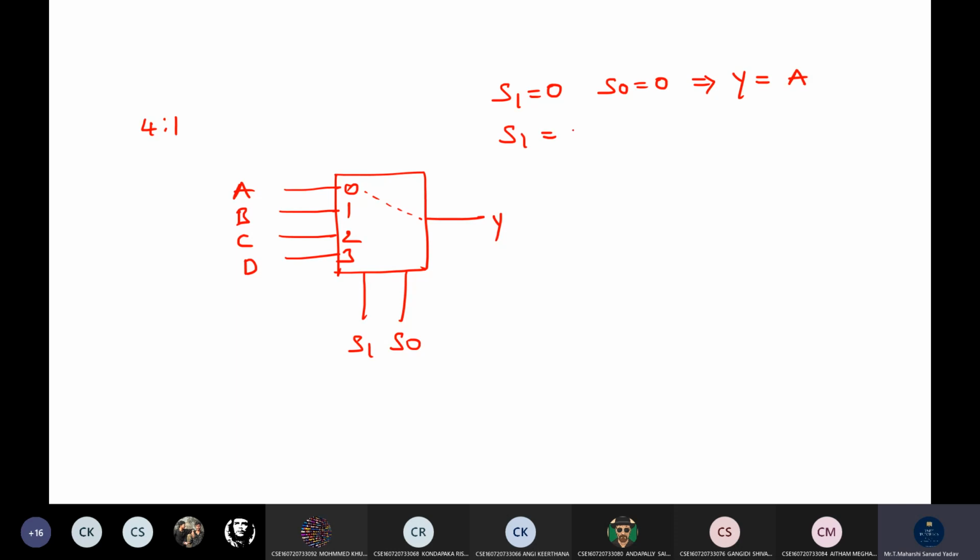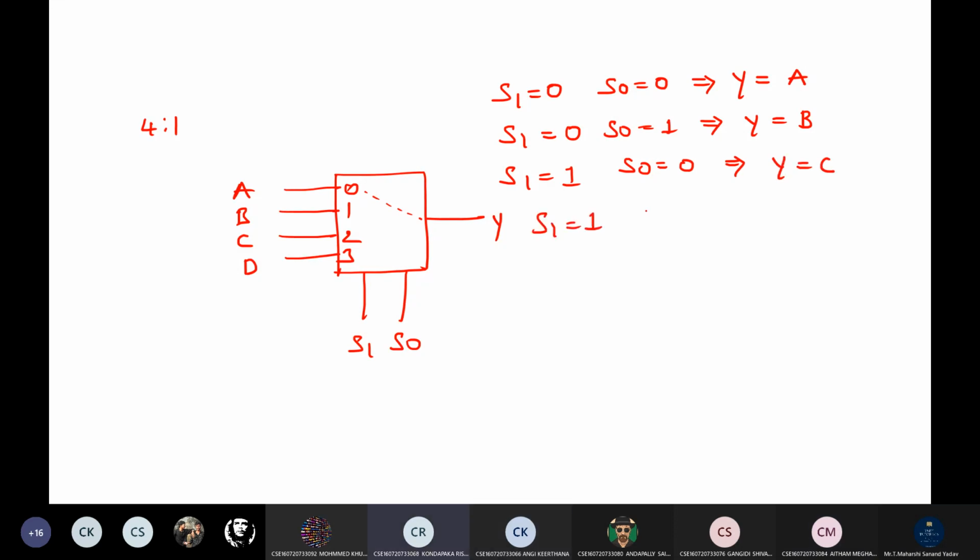Next, for 0, 1, this one will be B. For 1, 0, output will be C. For the 1, 1 case, output is D. Now tell me the final expression.